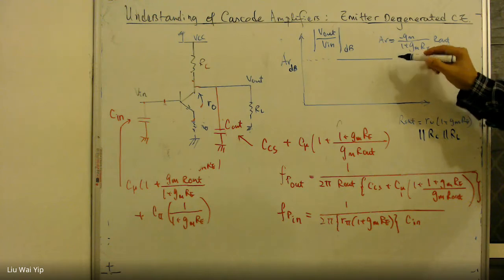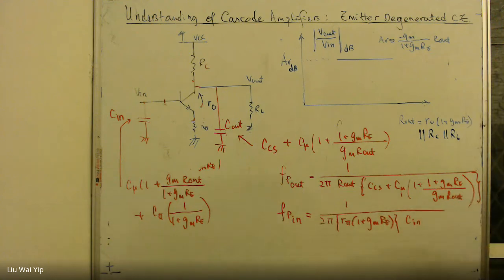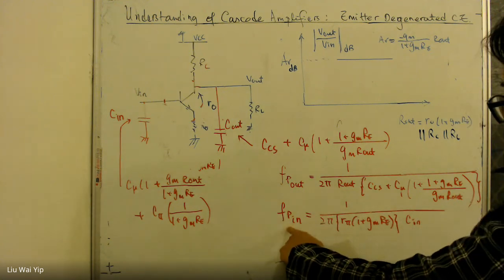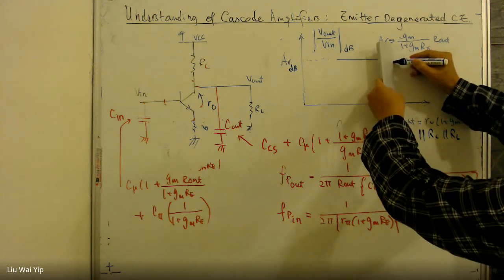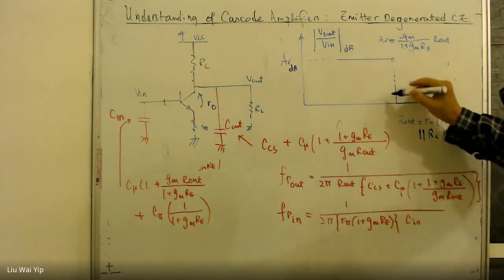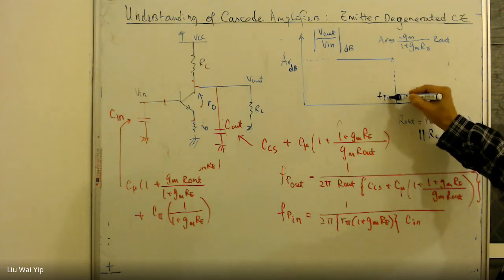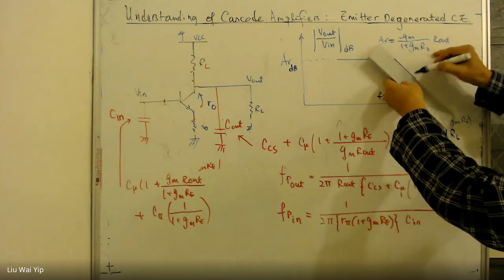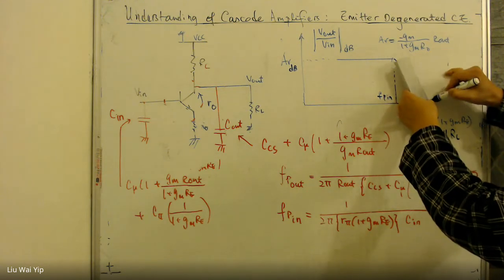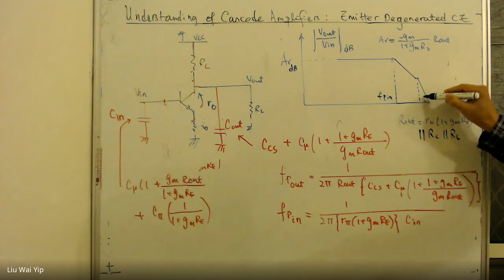Now, most likely, the first pole will appear at the corner, and this one is most likely f_P in. The second pole will most likely be f_P out.